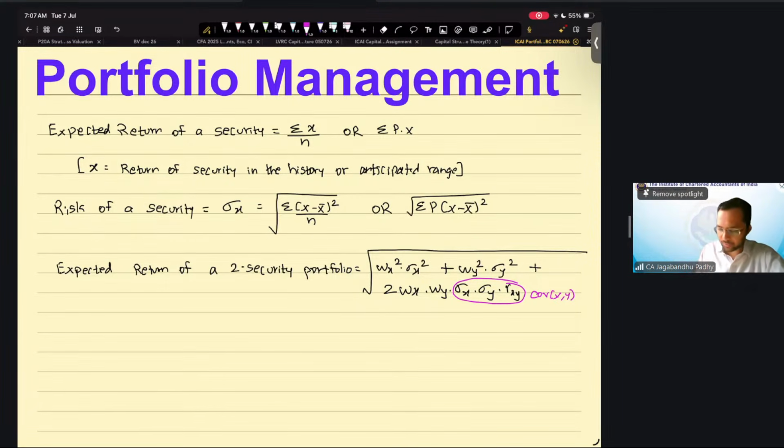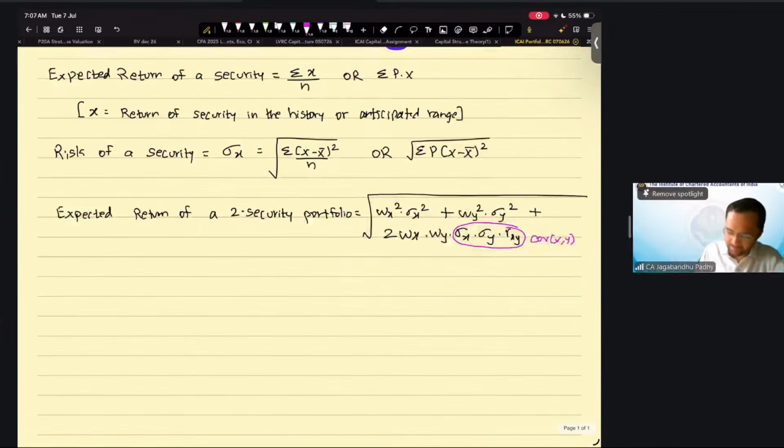Okay. And of course, before we go to the further aspects, we need to also see how we calculate the correlation between x and y. So the correlation between x and y can be calculated as covariance between x and y upon standard deviation of x, standard deviation of y.